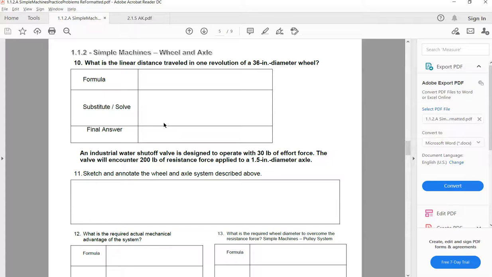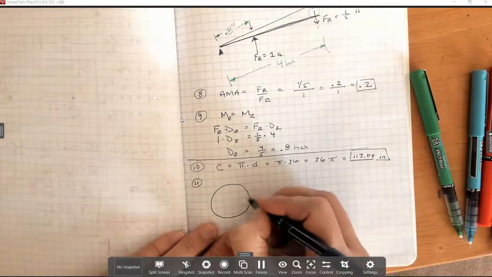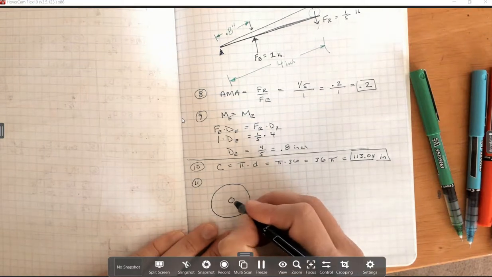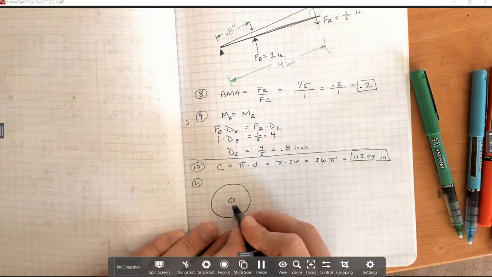Number 11. An industrial water shutoff valve is designed to operate with 30 pounds of effort force. The valve will encounter 200 pounds of resistance. I'm going to draw an orthographic view of this being my wheel, and then a concentric circle being the axle.